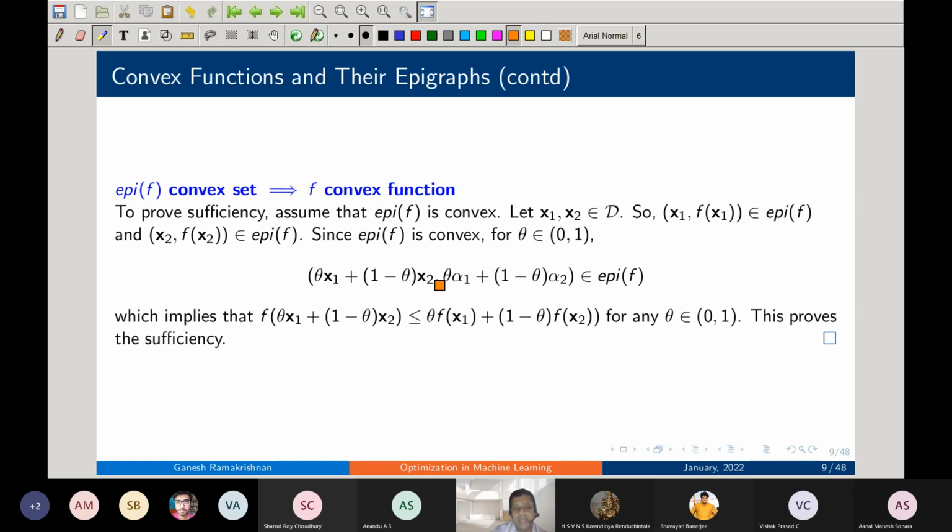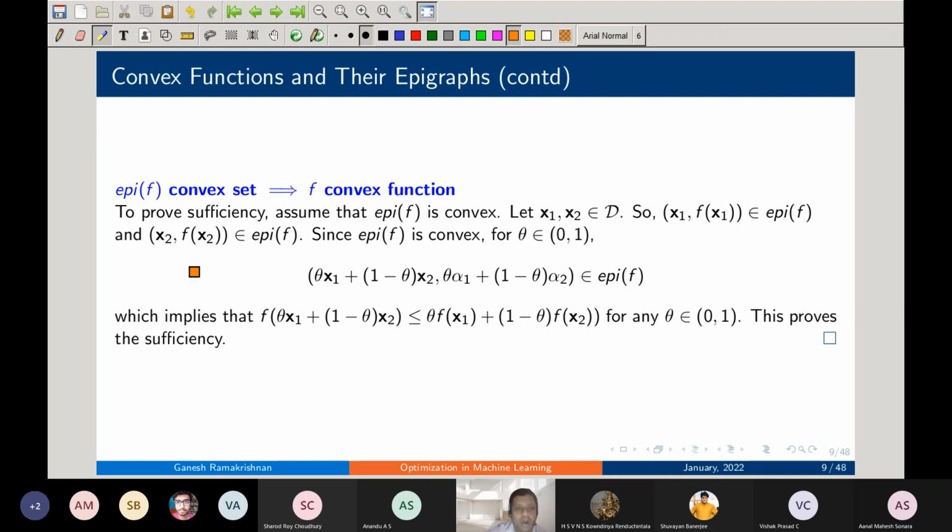Why? Well, (x1, f(x1)) is in the epigraph, (x2, f(x2)) is in the epigraph, and we know that epi f is convex. Therefore, this convex combination also lies in the epigraph.